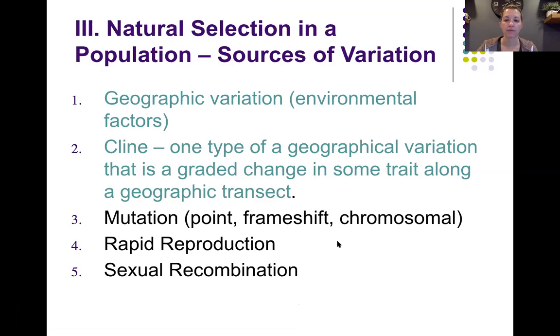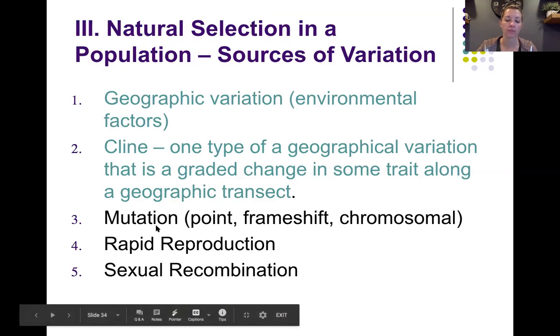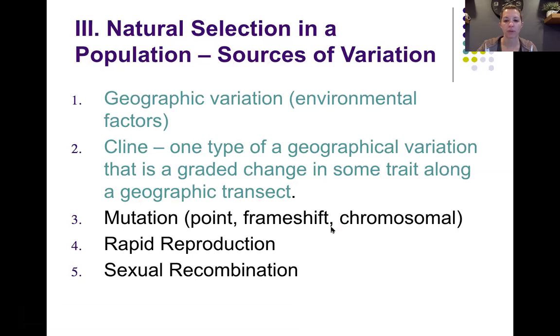The other types of variation that we've talked about before, of course, mutation. We have point mutations, frame shift mutations, or chromosomal mutations. We also have rapid reproduction. There are some organisms that reproduce in a couple of days. Fruit flies, for example.